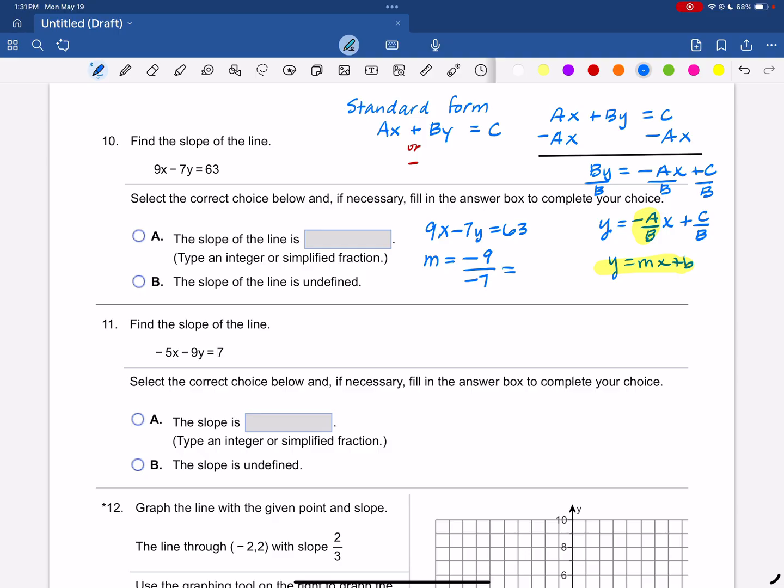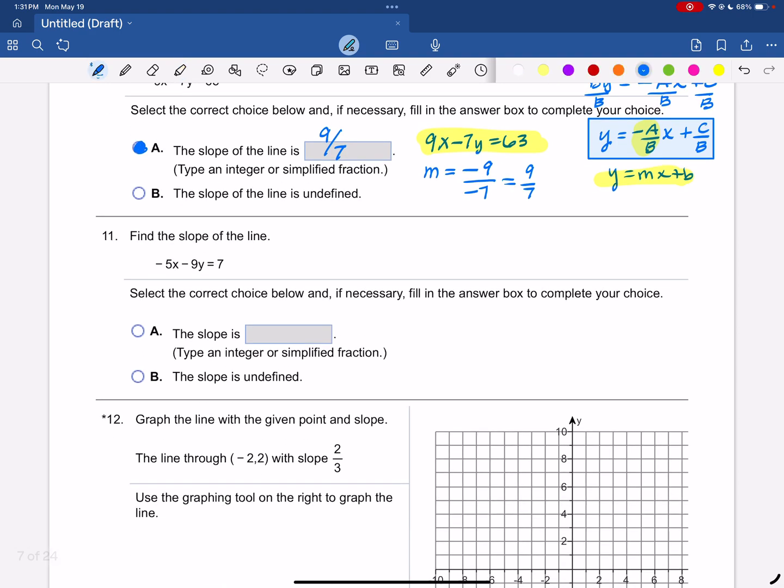So a negative divided by a negative is a positive 9/7. My slope is 9 over 7. So in standard form, we have the slope is the opposite of a over b. Or you could go through the actual steps of solving the equation for y.